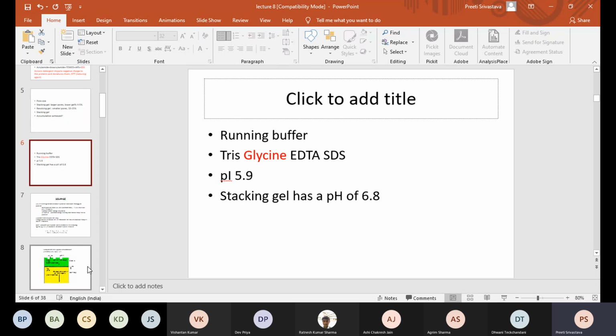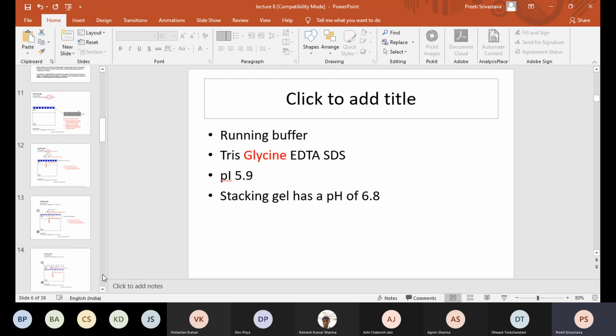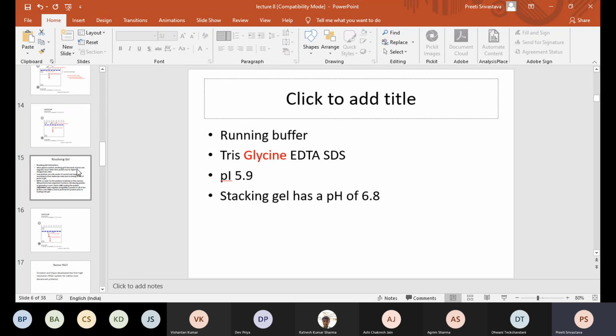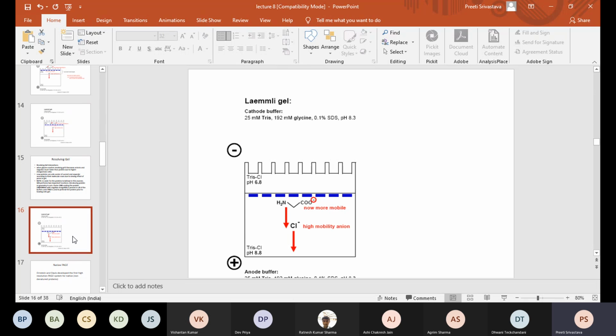If it is clear up to here, then I will show you the picture of what happens at the resolving gel. At the resolving gel, class, you will see that the pH is 8.8. In the stacking gel, the pH was 6.8; in the resolving gel, the pH is 8.8.